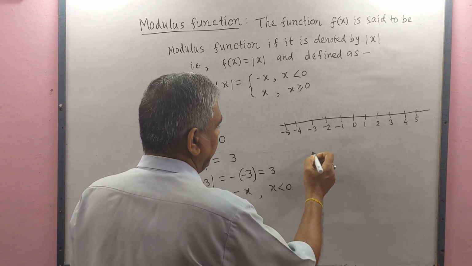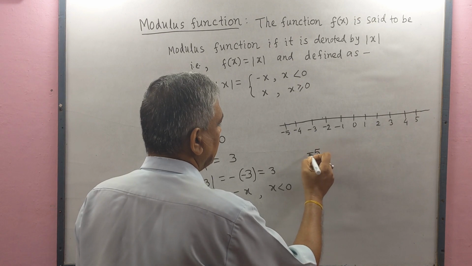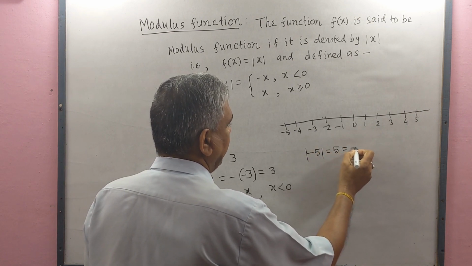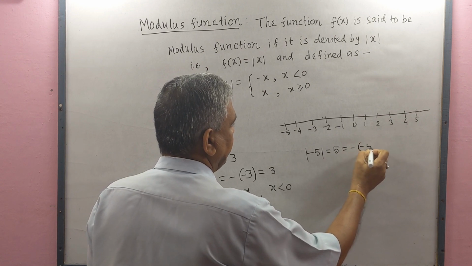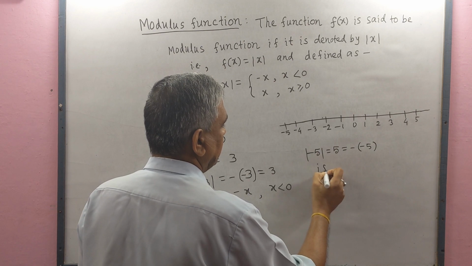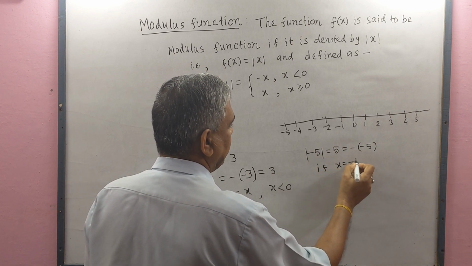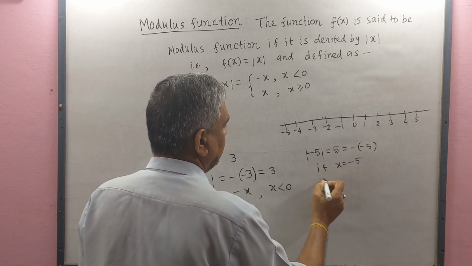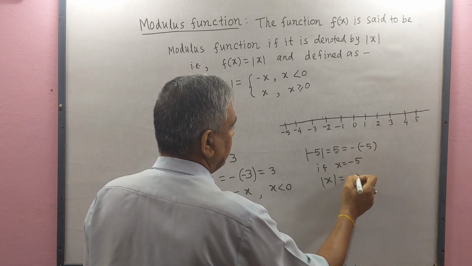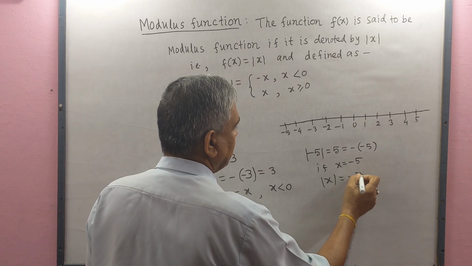Modulus of minus 5 is 5, that may be written as minus x; that is, if x equal to minus 5, then modulus of x equal to minus x.